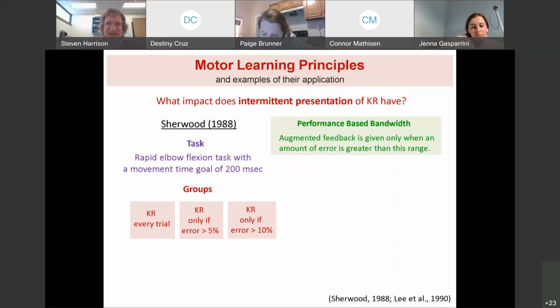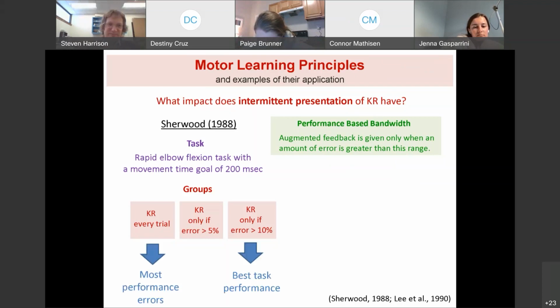This type of feedback is called performance-based bandwidth feedback. Here, your augmented feedback is only given when there's an amount of error greater than a particular range that you've specified. You set a particular bandwidth where if you're performing anywhere within that band of performance, you don't get feedback. It's only when you fall outside of that band that you're given the feedback.